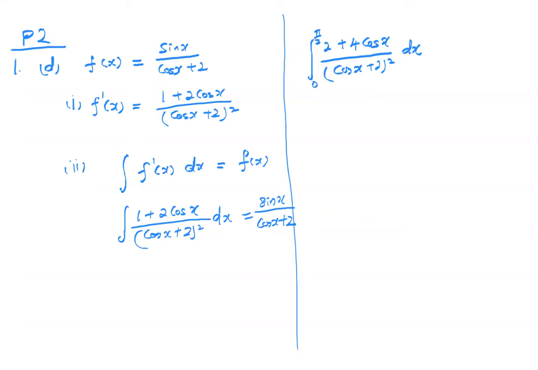Okay, so what I will do is I will take out 2 here. Then I will write down integrate 0 to pi by 6, 2 times, okay, it become 1, I take out the 2 already. So it become 1 plus 4 cos x over cos x plus 2, the whole thing squared dx.